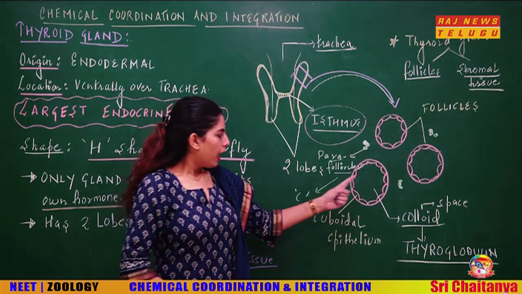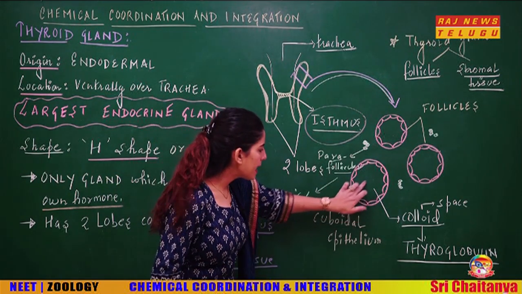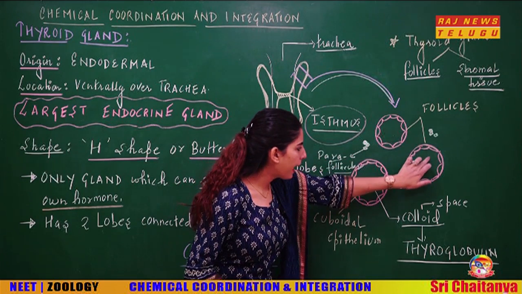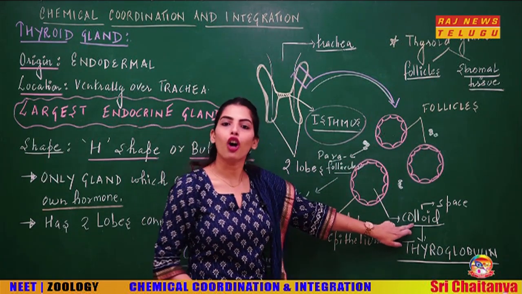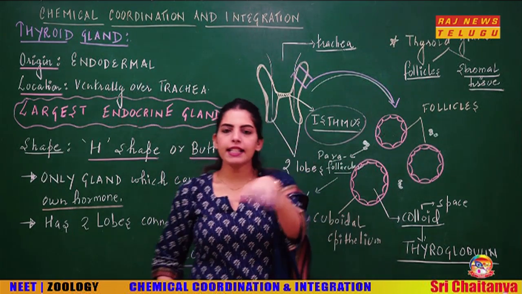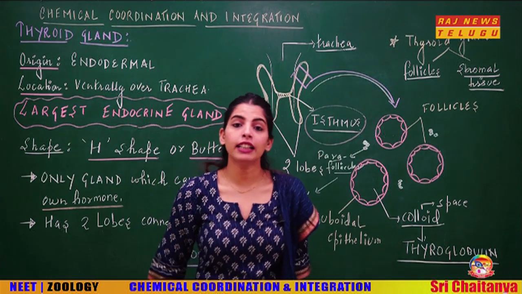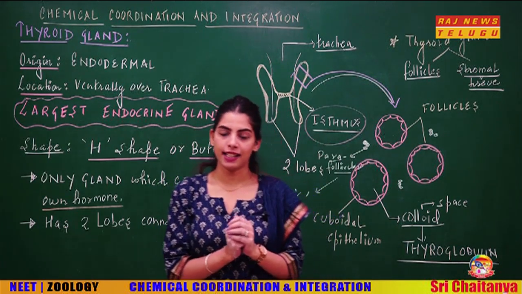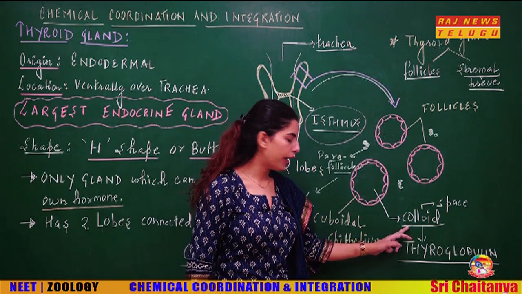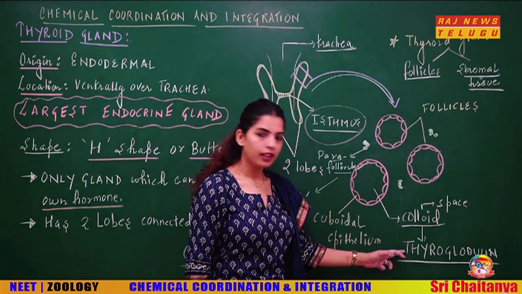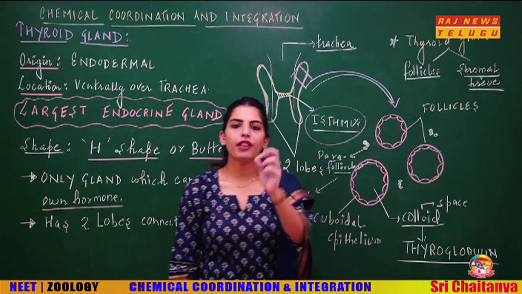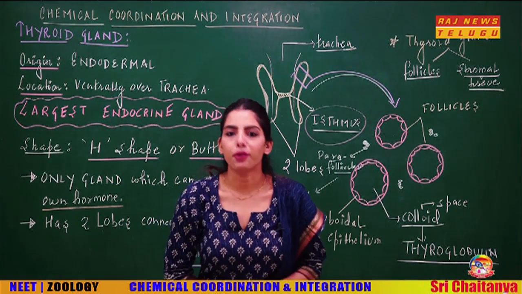Also, can you see some space inside these follicles? This space is called colloid. The space inside the follicle where the thyroid hormones are stored and synthesized is called colloid. What is this? Thyroglobulin, which I have written, is a glycoprotein.